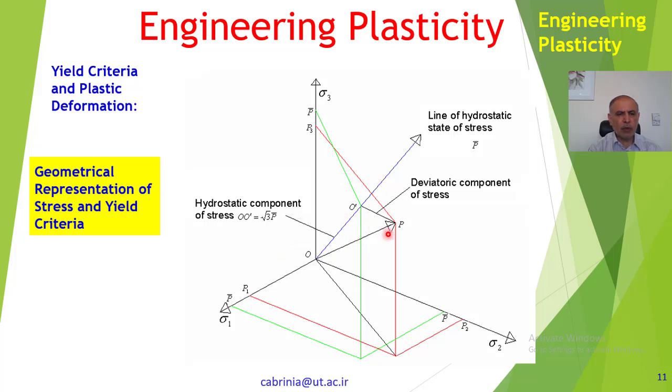Now we want to show them geometrically. So OO' is root 3 P bar, because P bar is in fact the component of stress at point O'. That's P bar, P bar, and P bar along all three axes of stress.